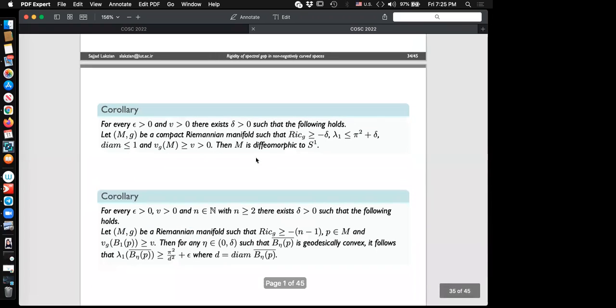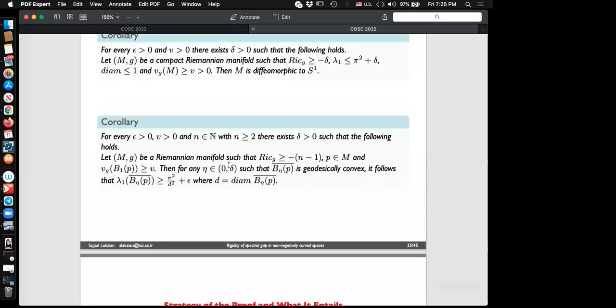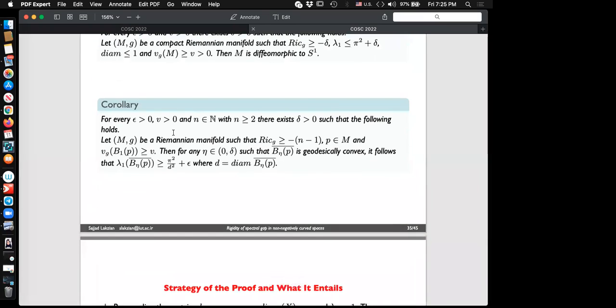The other ones I'm not going to talk about because the time is also running out. Maybe the last one: if you want to get a bound on eigenvalues of balls in any Riemannian manifold, then as long as you allow the radius to be small enough, using the same ideas as in that almost rigidity result, you can again get similar bounds for the eigenvalues if you allow this theta to be small.